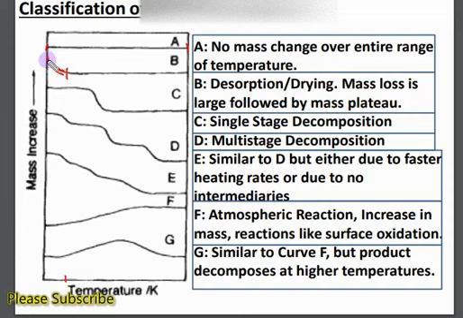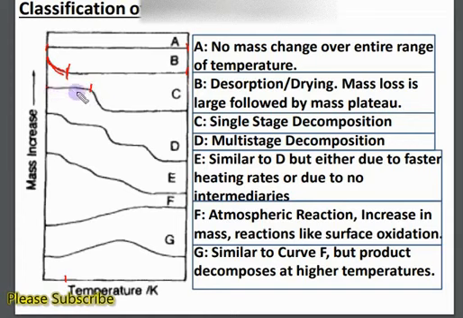After that there is a huge loss of mass, and then there is a constant curve, which indicates that from this temperature up till this there is stability.